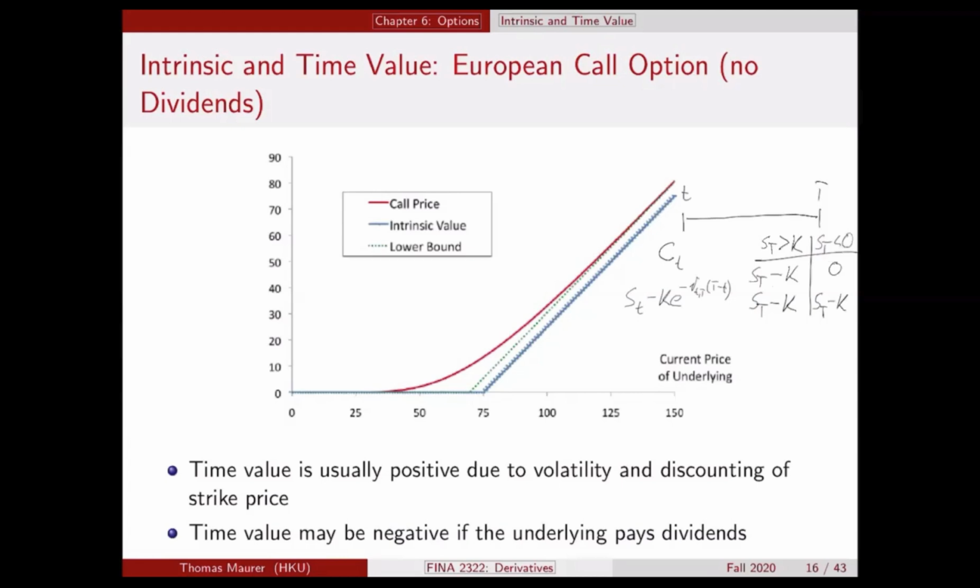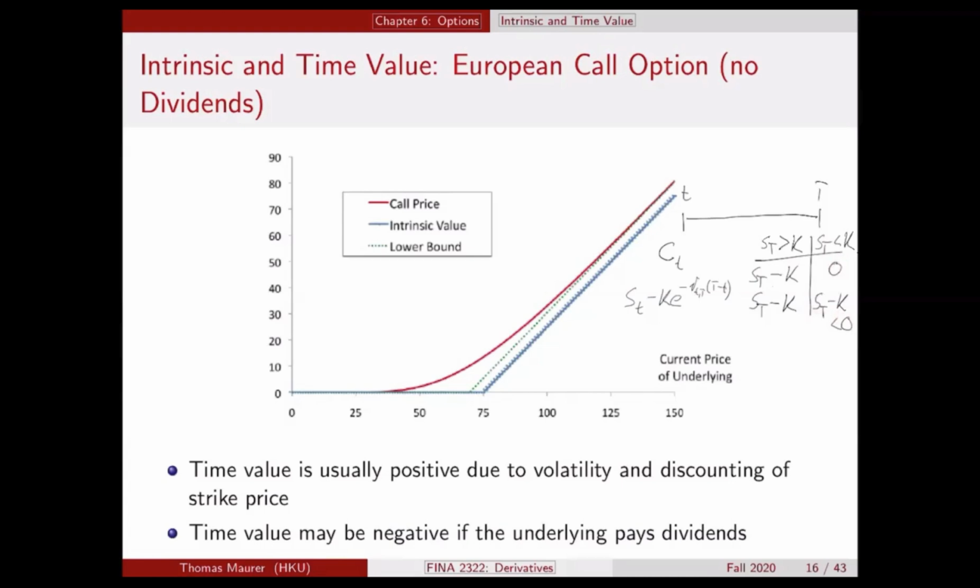Notice that in the second case where S_T is less than K, then this thing is actually less than 0. So we see that if S_T is larger than K, then the two payoffs are exactly identical. But if S_T is less than K, then the call option has 0 value where the other strategy has a negative payoff.